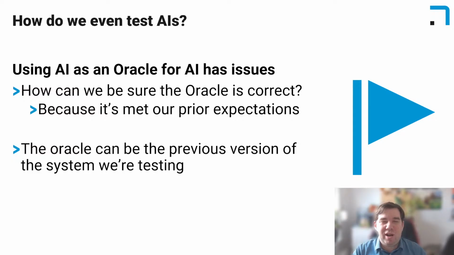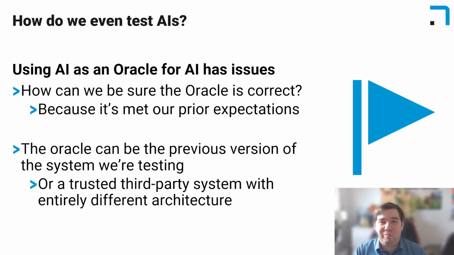Or to try and combat some biases that may have been in our training data or in how we implemented it, we could always have an oracle be a trusted third-party system with an entirely different architecture. Maybe the oracle doesn't even perform the same task as our new AI that we want.